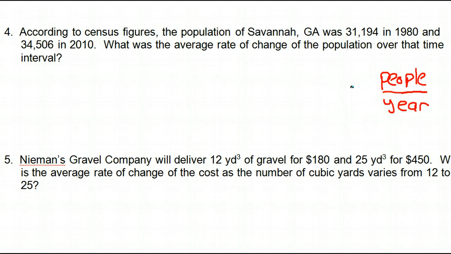Because we have this population increase, but is it increasing by 100 people a year? Is it increasing by 500 people a year? Either way, we're talking about how many people per year. Now, remember, when we do our slope formula to find the rate of change, we're going to be doing y minus y over x minus x.